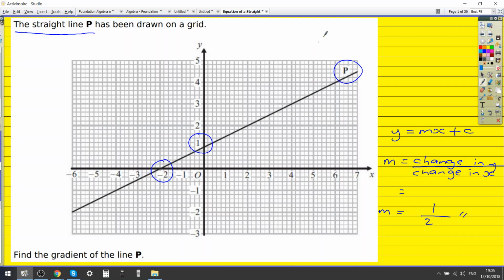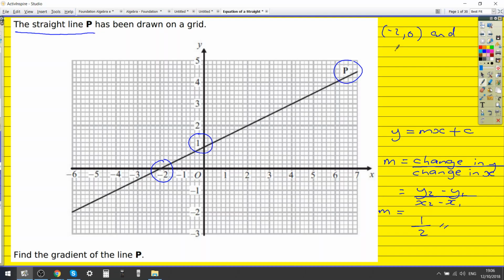If you want the fancy way of doing it, I'll give you the formula. Hang on, let's write this in. That is a half. The fancy way is y2 take away y1, which gives you the change in y, and x2 take away x1, which gives you the change in x, using any two coordinates.